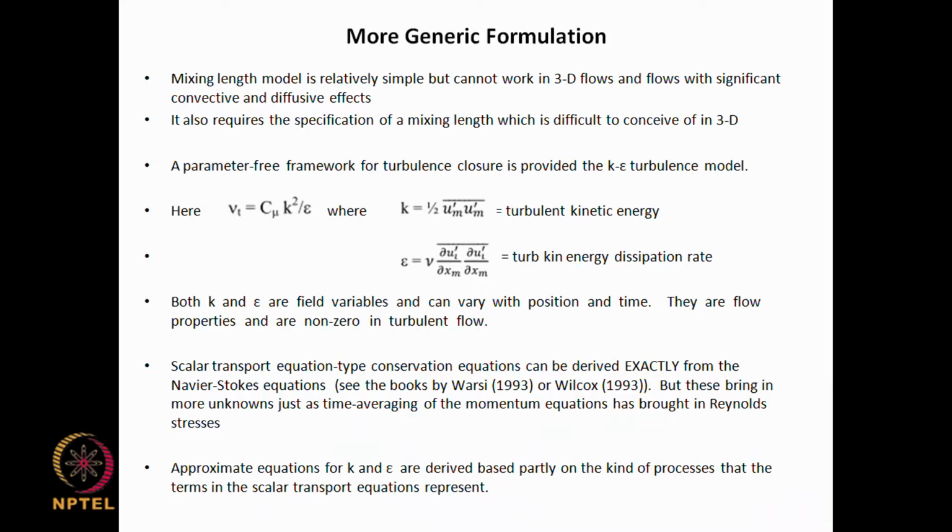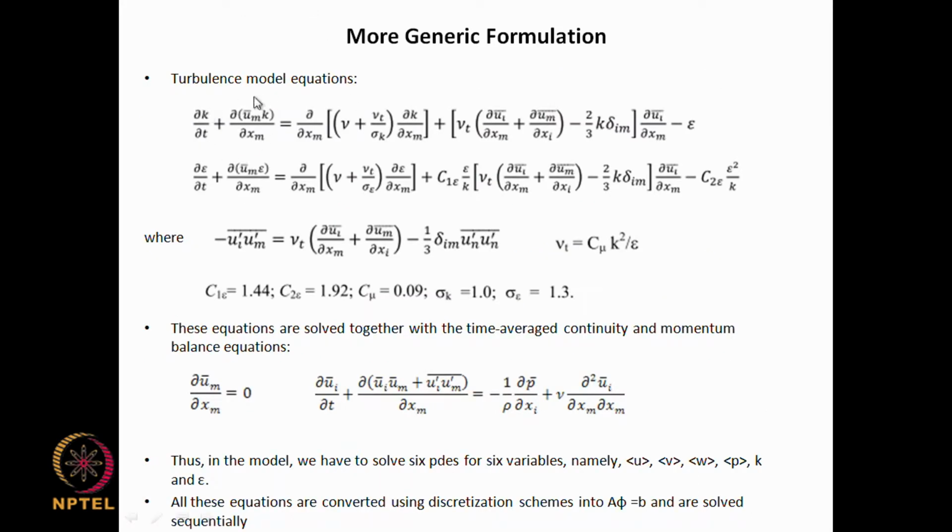So all these kinds of processes are identified among these terms, and some of the terms are just put into this general basket of diffusion type, and some things are ignored, and ultimately we have scalar transport equations, and those equations are actually given here using the Einstein notation.